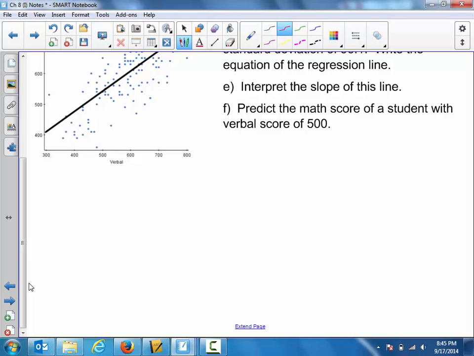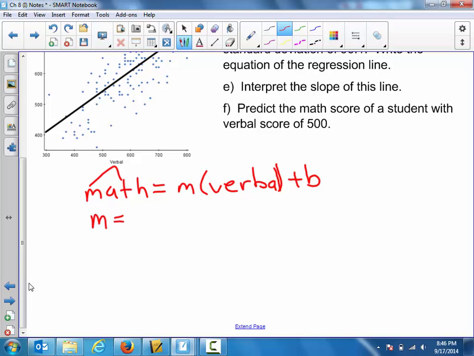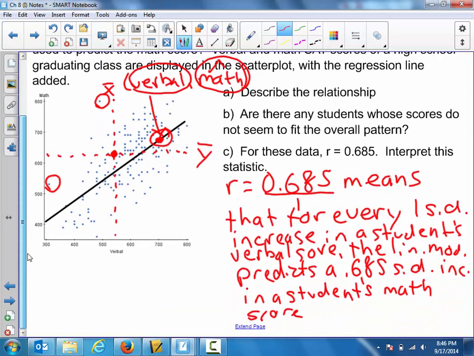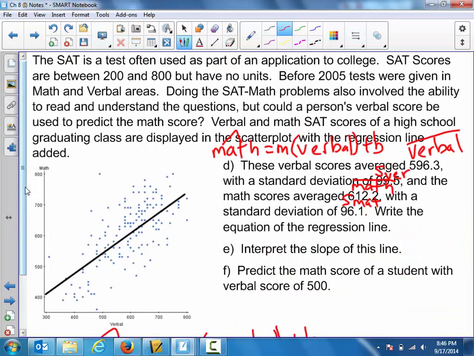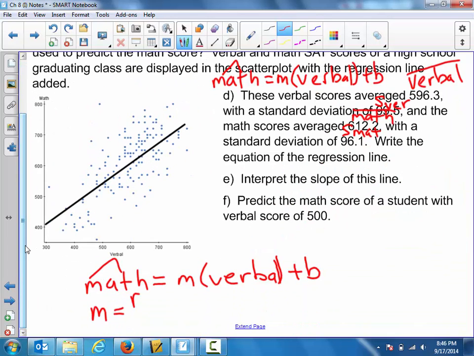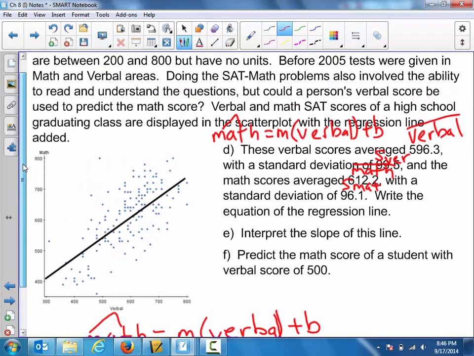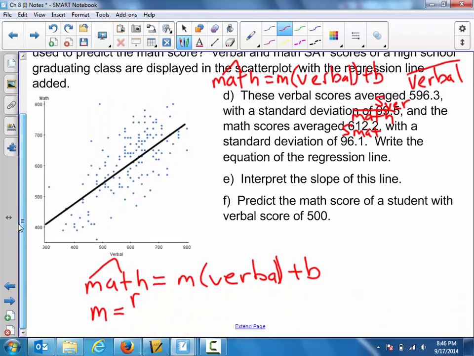A couple slides ago, I think 3, we talked about how, let me find my place here real quick. If our regression line we're going to write as the predicted math score equals the slope times our verbal score, which is our explanatory variable, plus our y-intercept, to get m, that would be equal to our correlation coefficient, which they actually gave us last slide, that 0.685, times the standard deviation in y, where y is math.